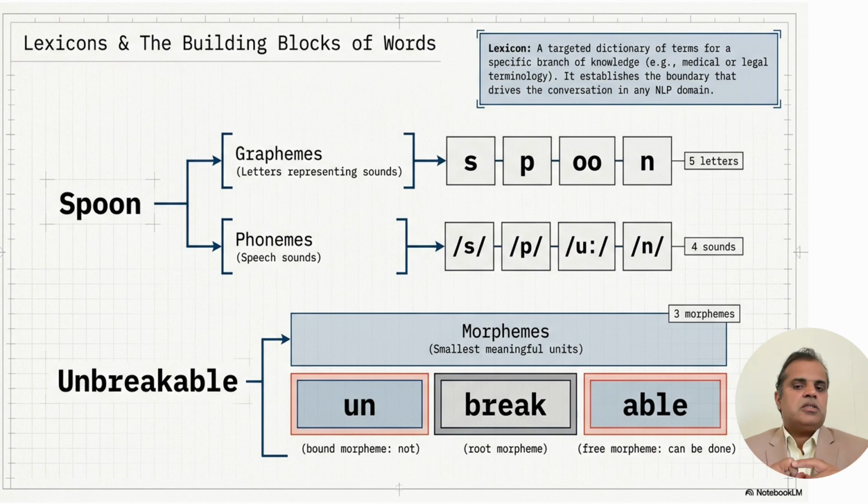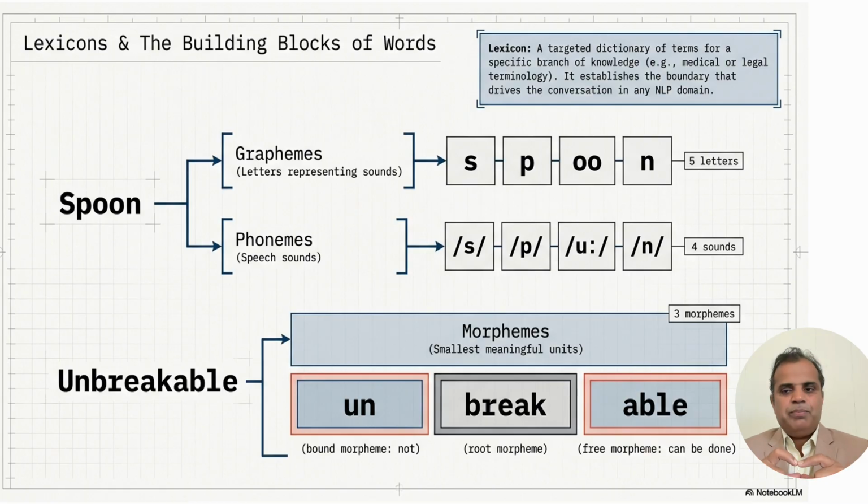Notice the word spoon. It has 5 letters, which are called graphemes, but only 4 distinct sounds. Spoon. These 4 distinct sounds are called phonemes. Finally, we have morphemes, the smallest unit of meaning.